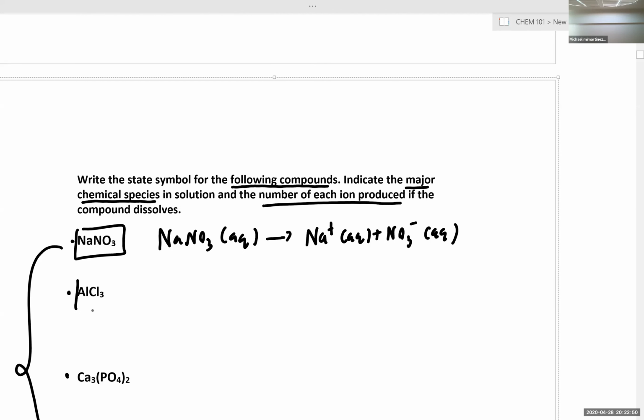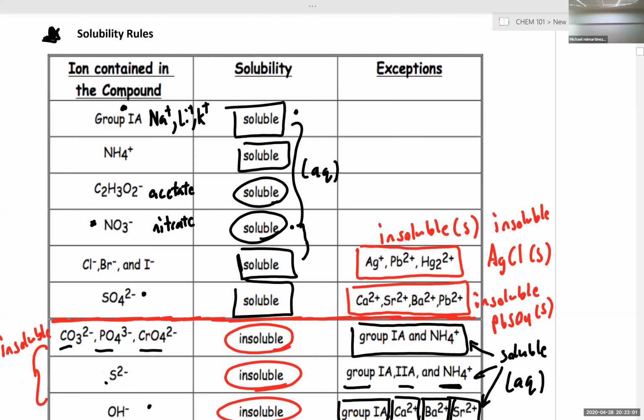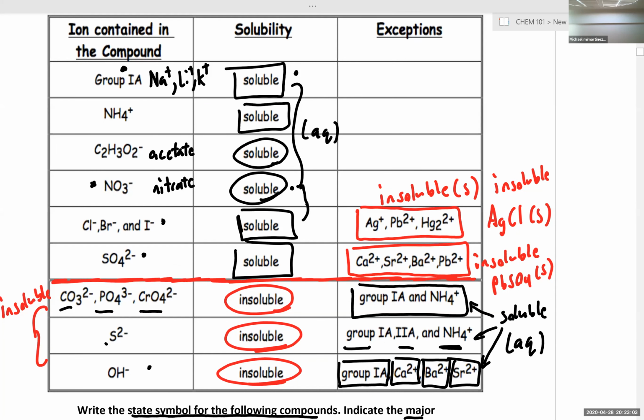Okay, let's look at aluminum chloride now, and let's figure out what state symbol we need to put. So we go up to our solubility table once again, and we find chloride. Do we see aluminum in our soluble or insoluble column?